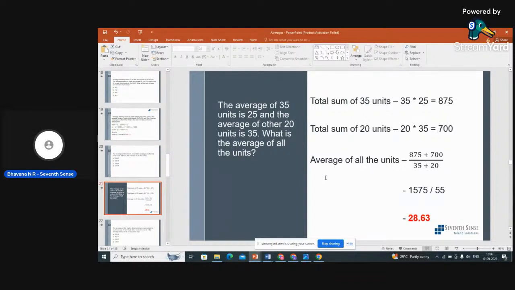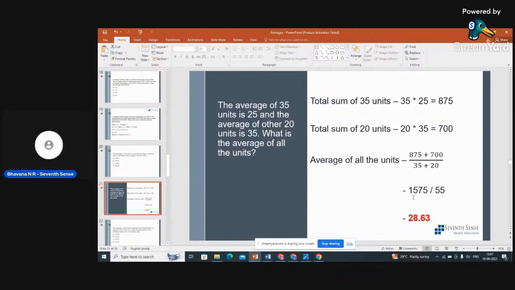So here we need to calculate the sum of values and the number of observations. The average of all the units equals 875 plus 700 divided by 35 plus 20. For 35 units the sum is 875, and for 20 units the sum is 700.